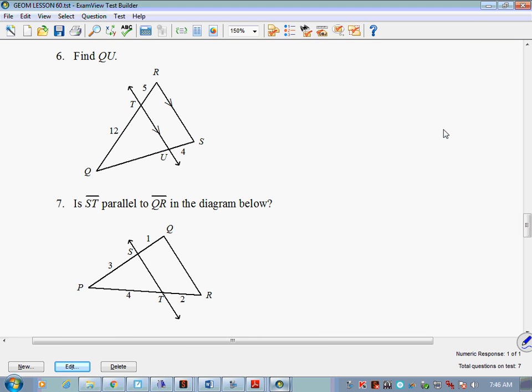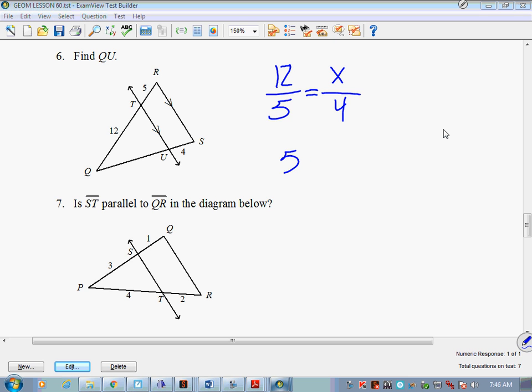Okay, 6. Find QU. All right, we're showing two parallel lines dividing this segment, so it should divide it proportionally. So 12 over 5 equals x over 4.